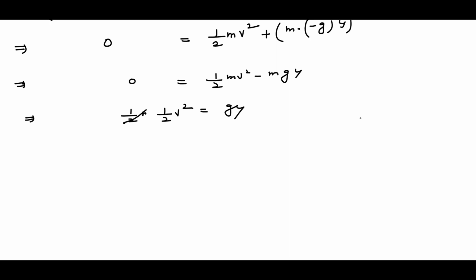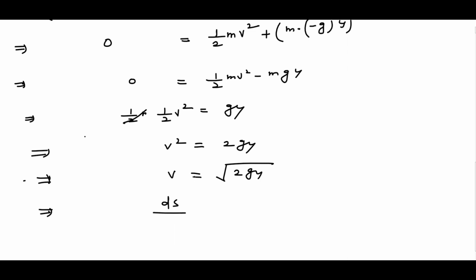So now further we can write that v square is equal to 2 g y, and the velocity v is equal to the square root of 2 g y, and velocity is the rate of change of distance, ds over dt, which is equal to square root of 2 g y.